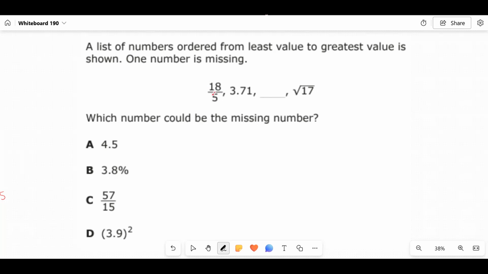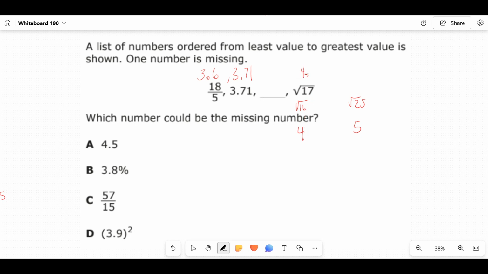Let's see here. 18 over 5. 5 goes into 18 3 times. And then we're left with 3 over 5, which is 0.6. This number already is 3.71. And then the square root of 17 is between the square root of 16 and the square root of 25, which means it's between the number 4 and 5, which means it is slightly bigger than 4.